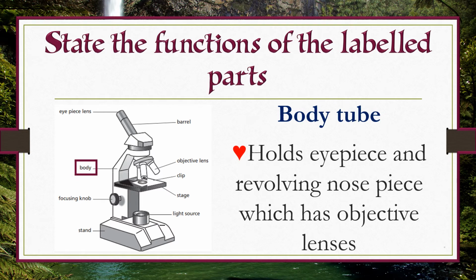The body tube holds the eyepiece and the revolving nose piece, which has the objective lens.